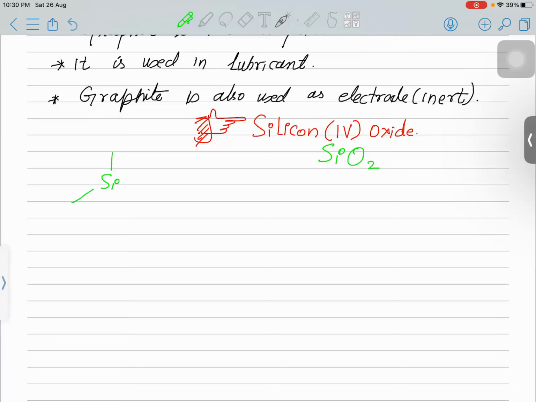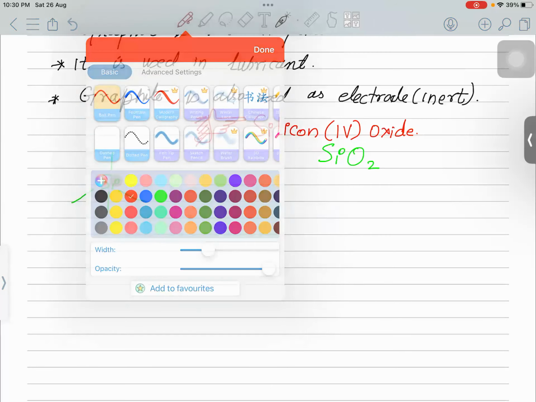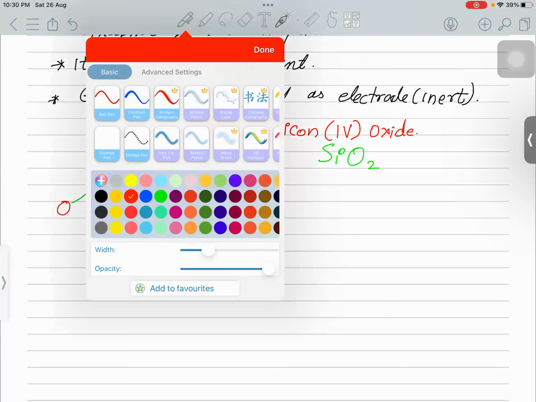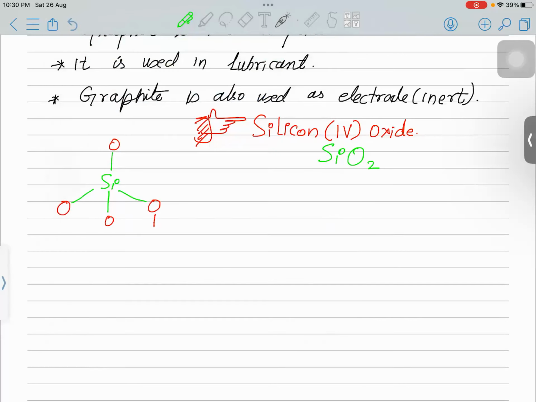Now look at the structure of silicon dioxide. The molecular formula is Si2O4.